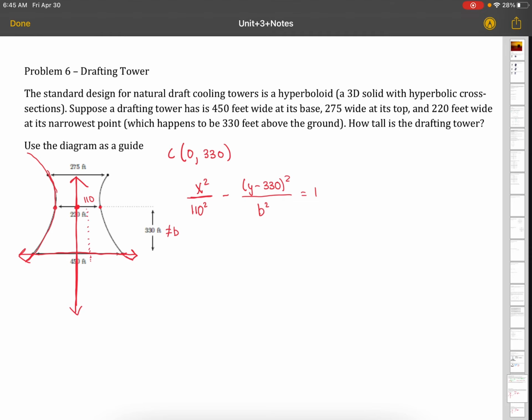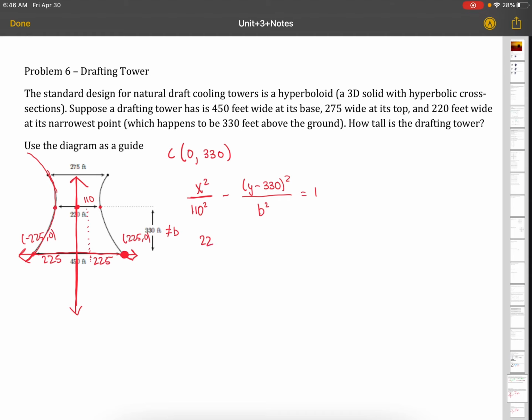So we know on the ground, you would have to travel 225 feet in either direction from the center to get to the end of the silo, where the silo meets the ground. So those coordinates are 225, 0, and negative 225, 0. So just choose one and substitute in for x and y.